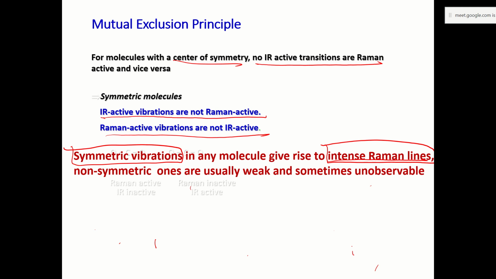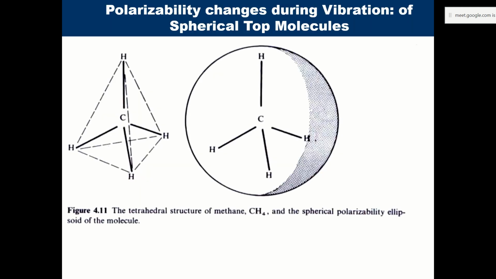That gives a very good indication of the structure, and then you can build up from there. So it becomes a very big hint whenever we get such an observation.